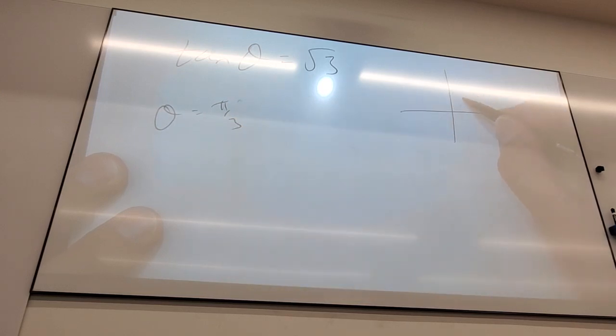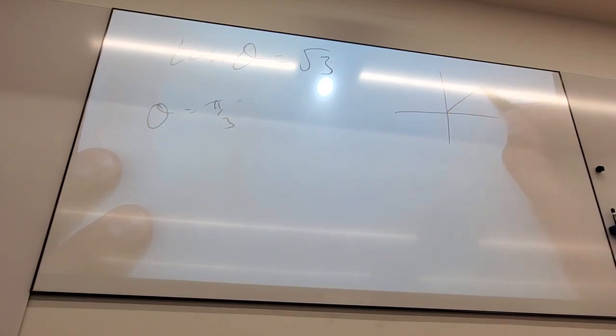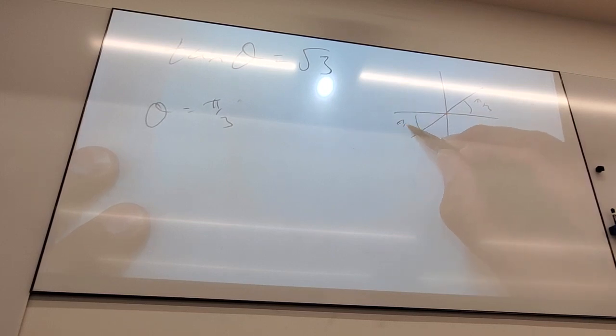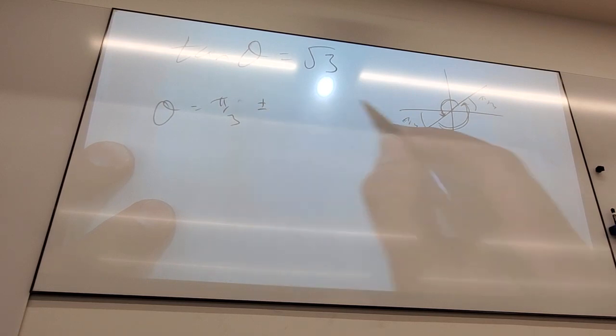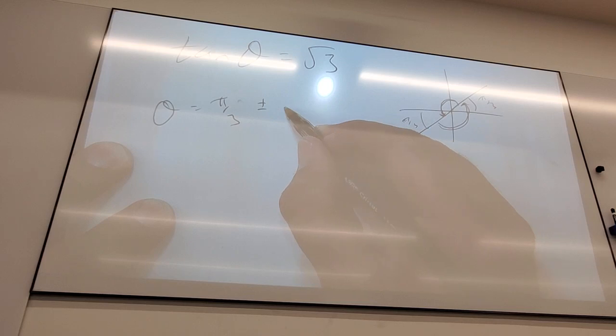Where else is tangent positive? Third quadrant. Notice how far apart these are. Pi, 180 degrees. So couldn't I capture this answer, and now this would make complete sense, if I just add and subtract a half rotation?